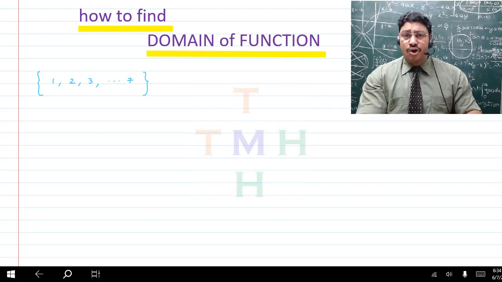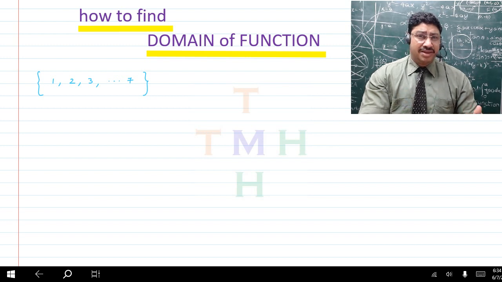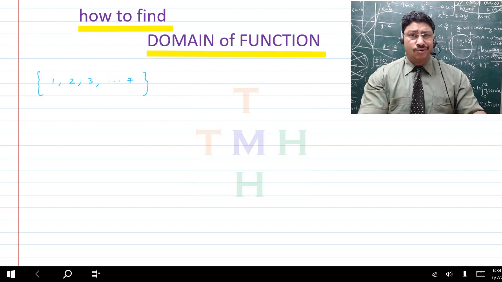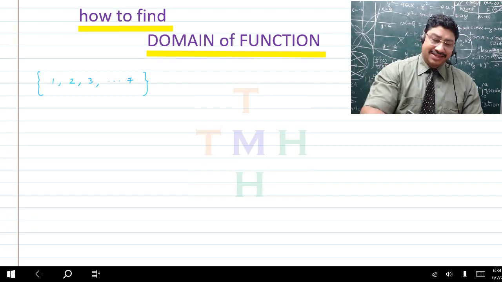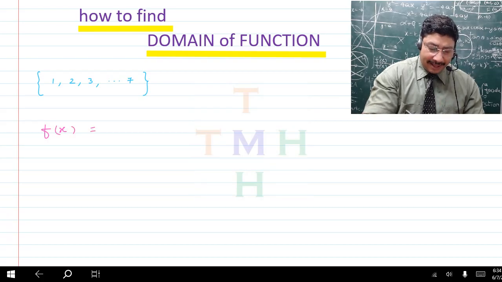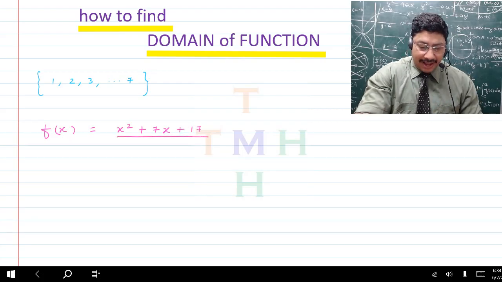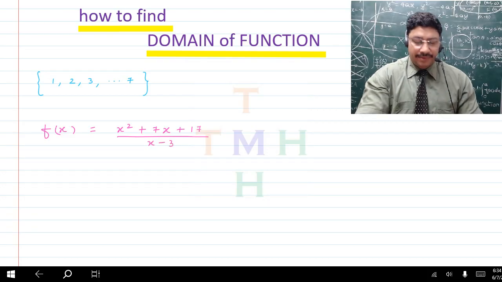For that matter, we actually have to consider certain conditions under which a function will be valid for having that value as a domain. Let us quickly consider a case where we have some function f of x given by x square plus 7x plus 17, divided by x minus 3, right?